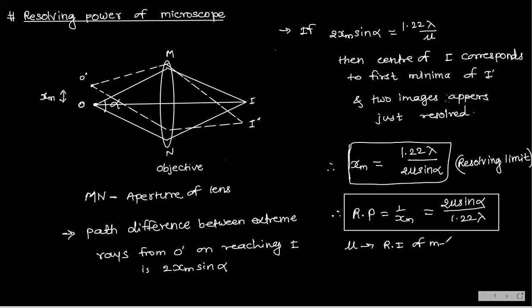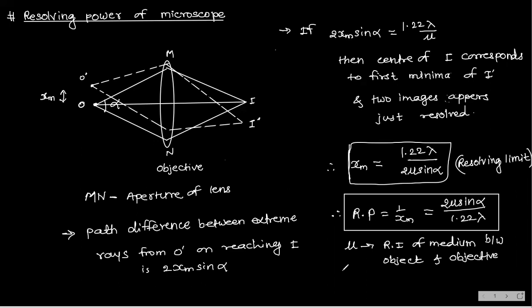Refractive index of medium between object and the objective lens. Meaning, understand, here there is air between O dash and lens. In between this, whatever the medium is there, its refractive index is mu.